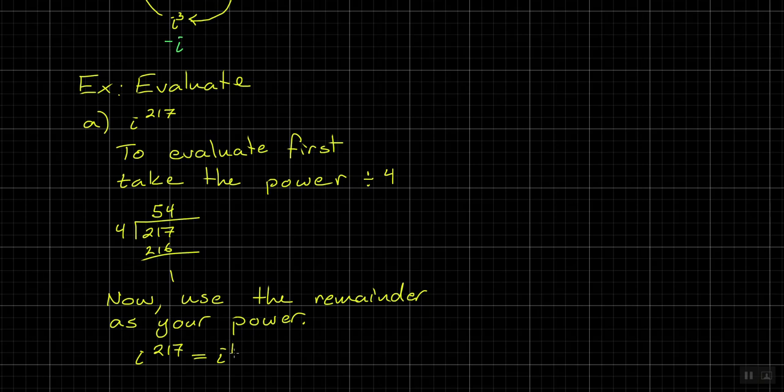To the 1. What's i to the 1? i. You have just divided mod 4, is what this is called. So if we said 217 divided by 4, it is just 1 mod 4. It's the remainder when we divide by 4.